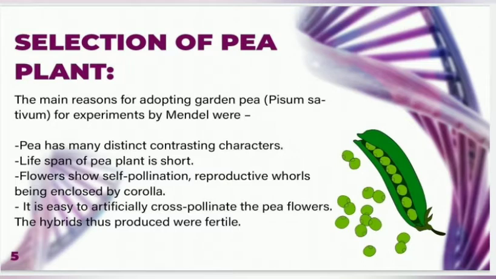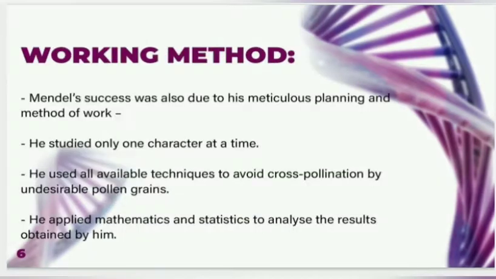Second, the lifespan of pea plant is short. Third, flowers show self-pollination, the reproductive parts being enclosed by the corolla. Fourth, it is easy to artificially cross-pollinate the pea flowers. The hybrids thus produced were fertile.